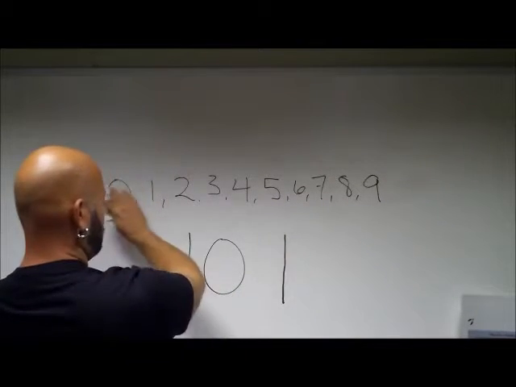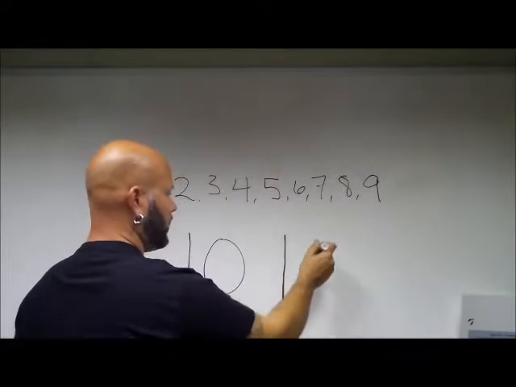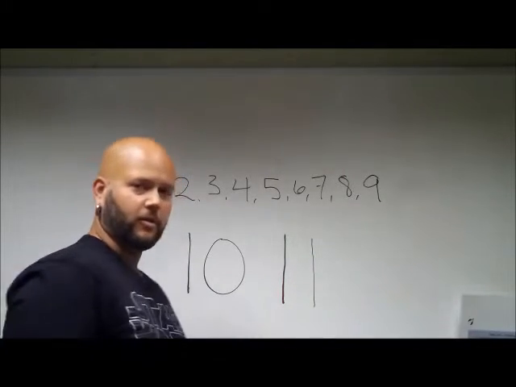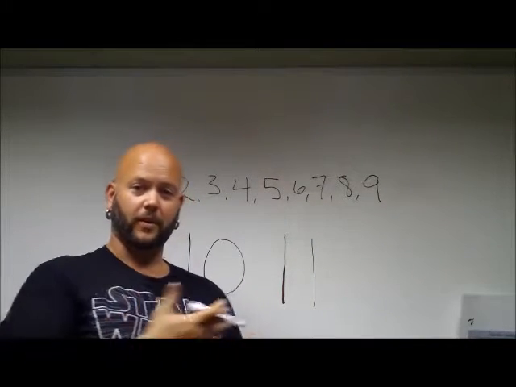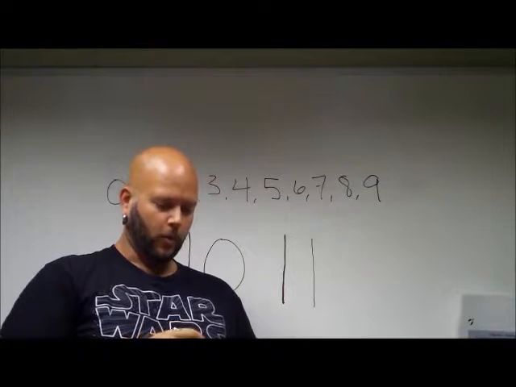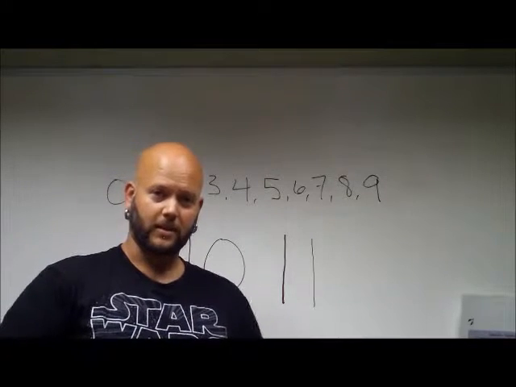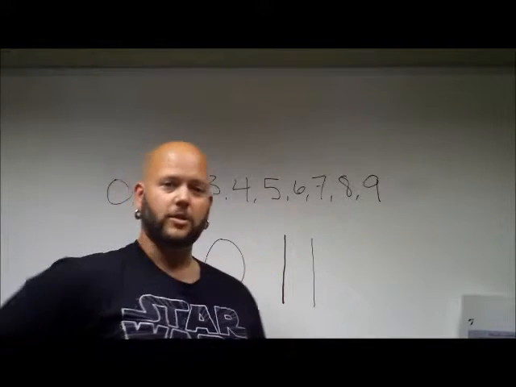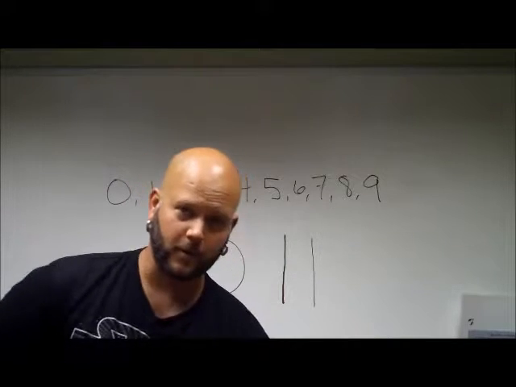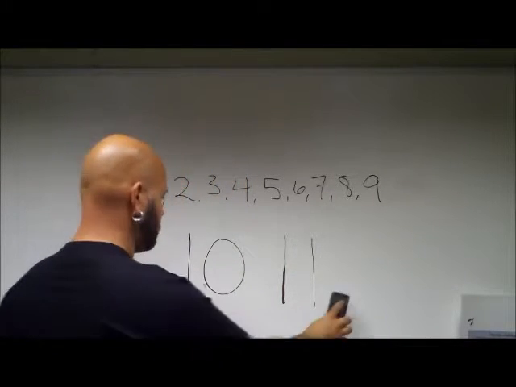One group of 10 digits plus a single. In base 10, we call that number 11. But what if we were to use a different base system without 10 digits? What if we were to use 6 digits?